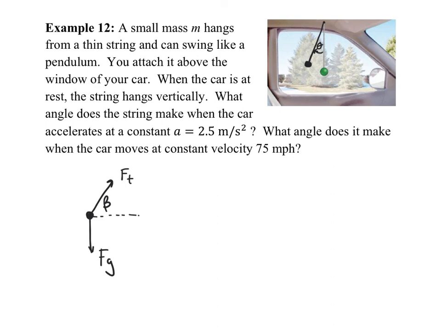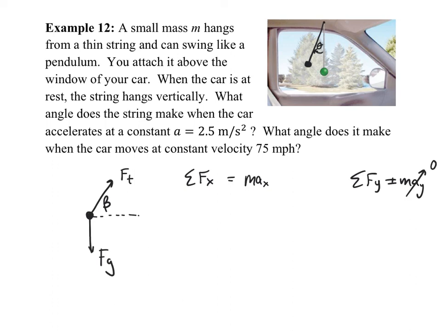So if I'm looking for beta in this problem, I have to ask myself, okay, what are the sum of the forces again? Well, in the x direction and the y direction, we have separate parts. In the x direction, the sum of the forces equals max, and in the y, the sum of the forces equals may. Now, it's not accelerating up or down, so this drops off.